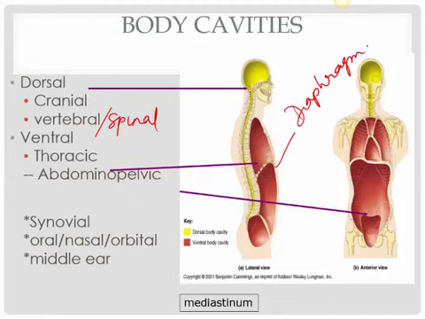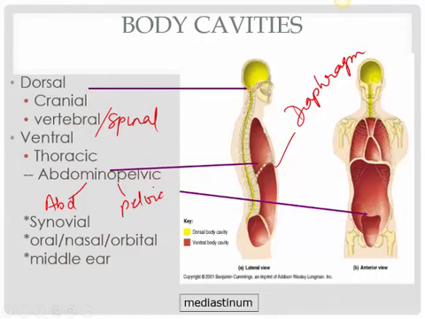So it divides the cavity into a part above, which is known as the thoracic cavity, and a part below, which is called abdominopelvic. The abdominopelvic can be further divided into abdominal and pelvic. But there is no muscle or anything dividing the abdominal from the pelvic.